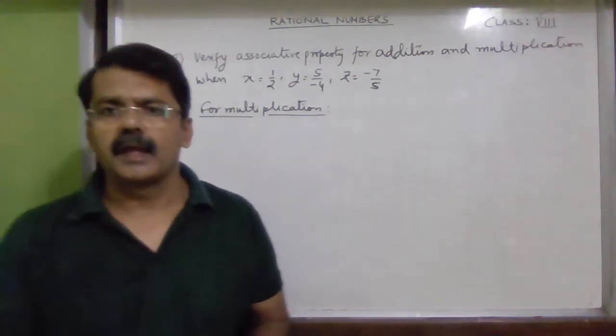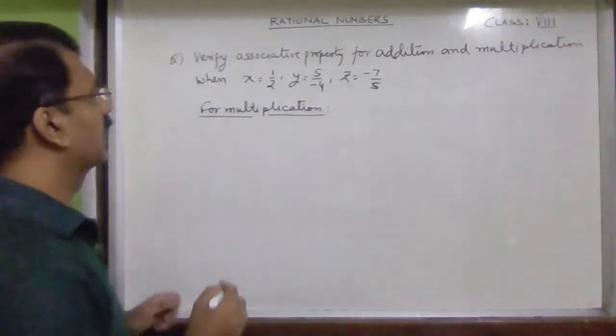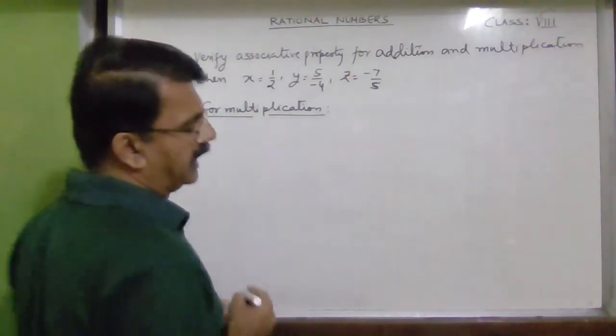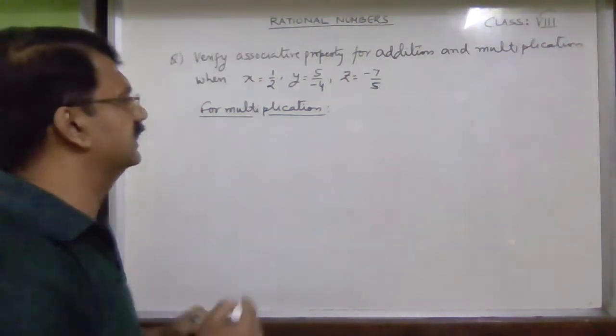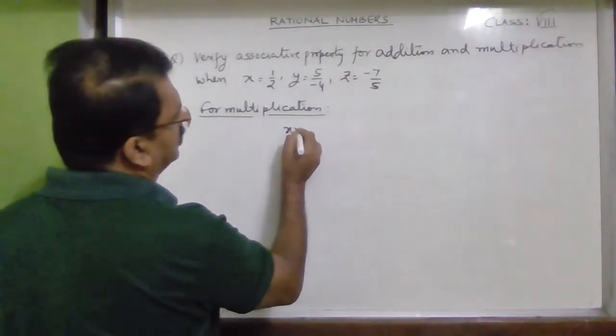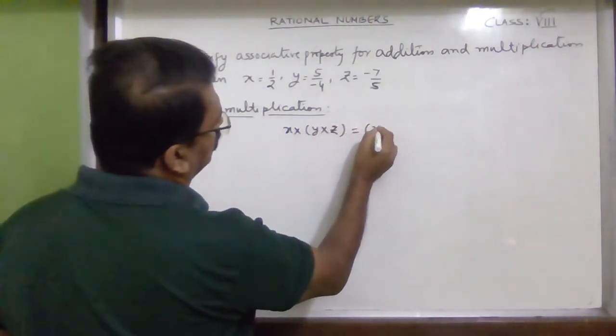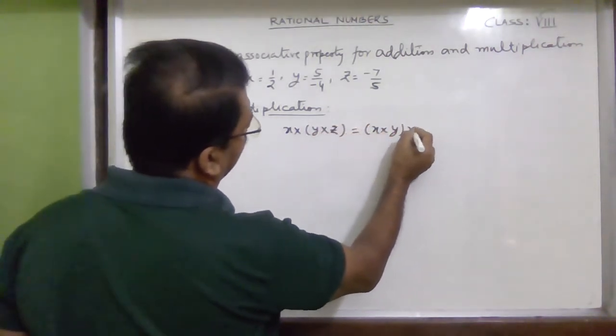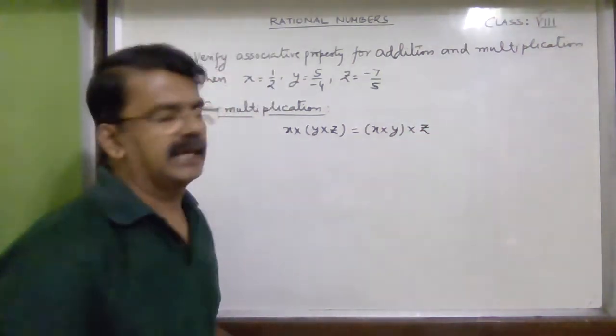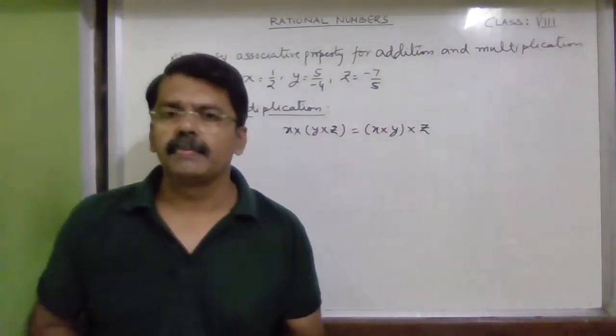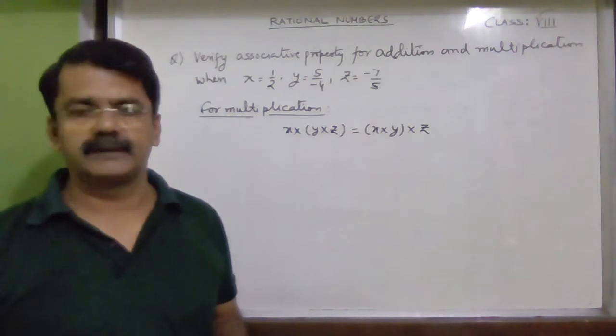Now you know the associative property for multiplication is (x into y) into z should be equal to x into (y into z).